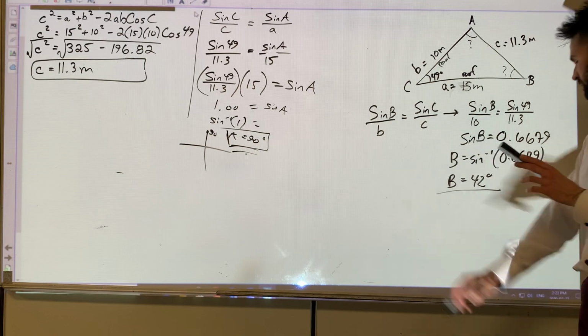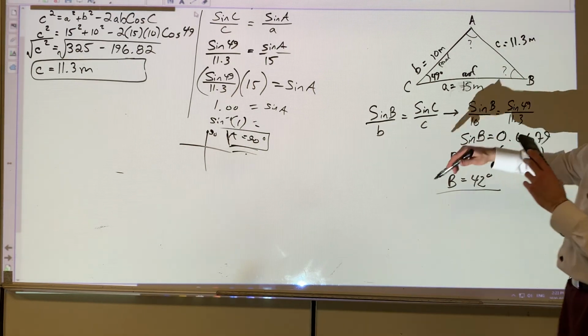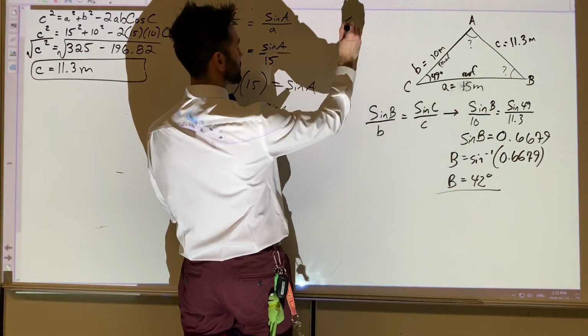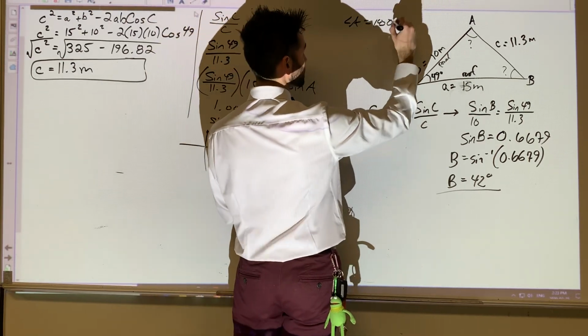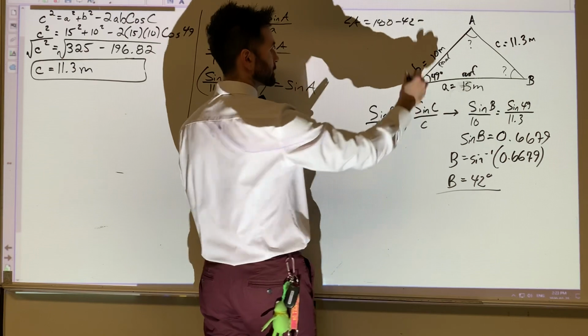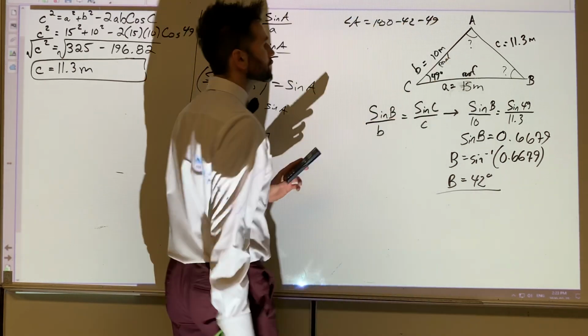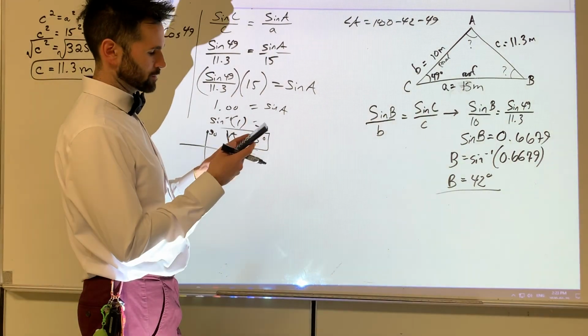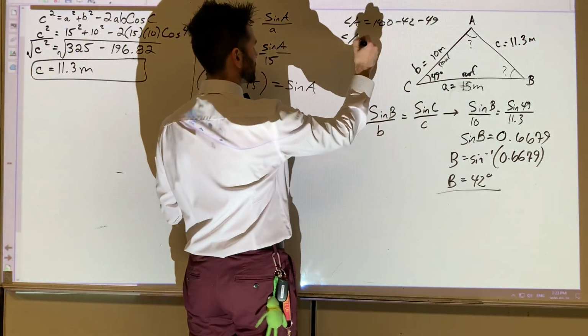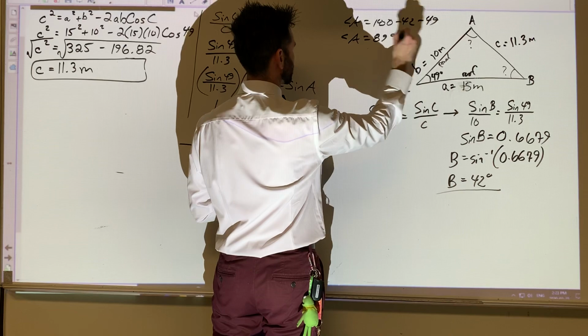You get 42 degrees. So if you were to calculate A, the other way to do it is you go angle A is 180 minus 42 minus 49, which is going to give you, is it 91? Right? So you get 91. So then you get that angle A is like 89 degrees.